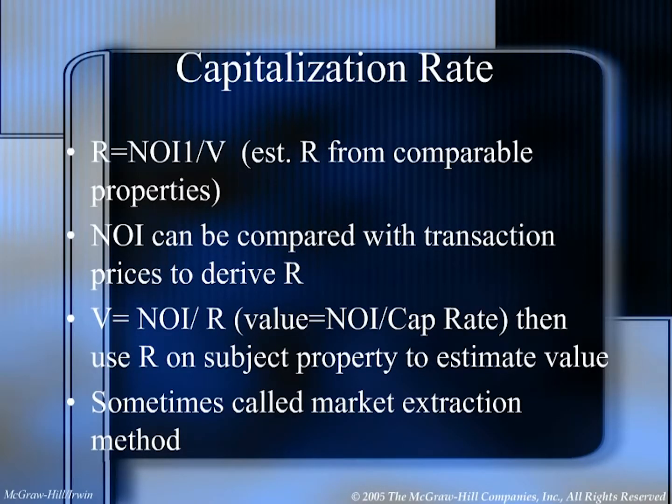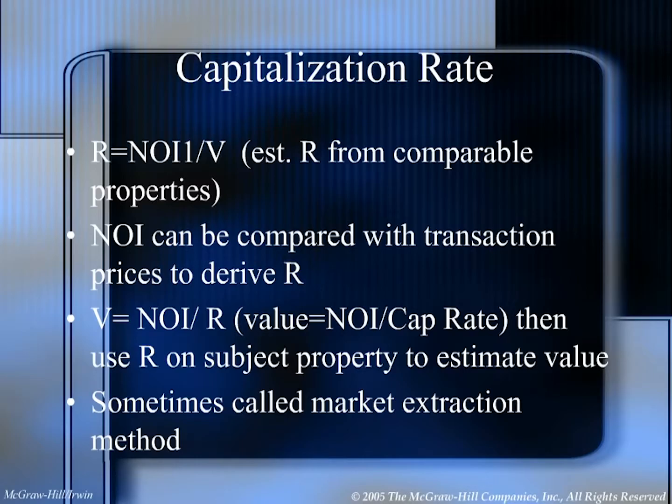With the capitalization method, we're going to take the NOI from the first year, okay, or the next year's NOI, divided by the value that the property sold for. So we're going to, again, look for comparable sales, then find out what their NOI was that next coming year, divide that by the sales price that they got, and we're going to get an estimate of R. That's the capitalization rate.